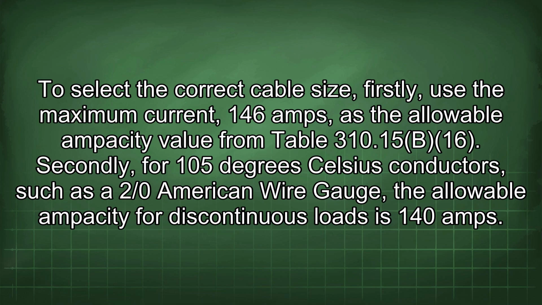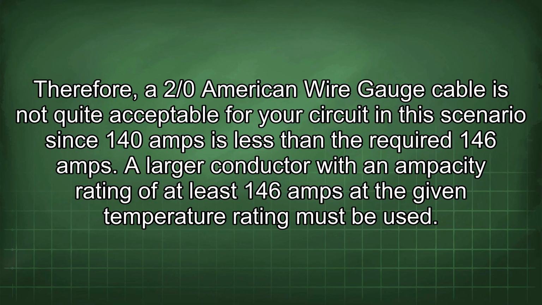Secondly, for 105 degrees Celsius conductors, such as a 2/0 American wire gauge, the allowable ampacity for discontinuous loads is 140 amps. Therefore, a 2/0 American wire gauge cable is not quite acceptable for your circuit in the scenario, since 140 amps is less than the required 146 amps.